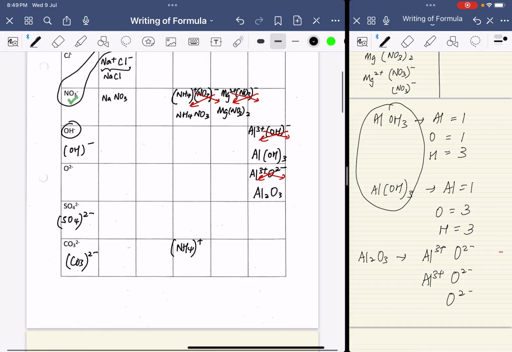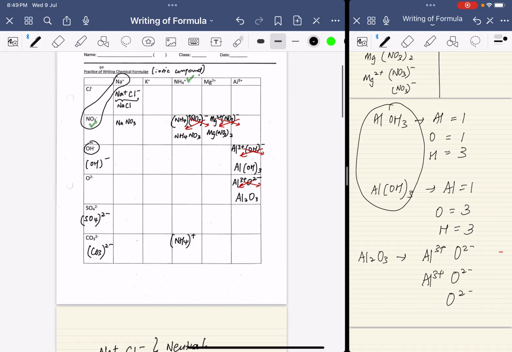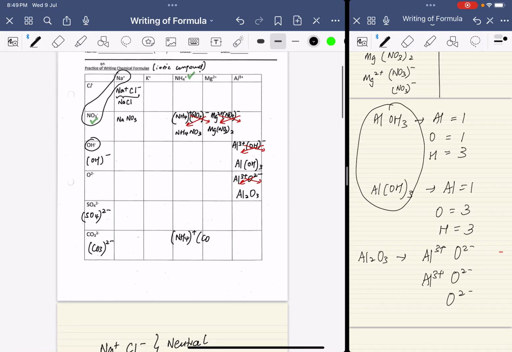So I got NH4 plus, for example, and I got CO3 2 minus. Do a crisscross, and what you notice is you will get (NH4)2CO3.